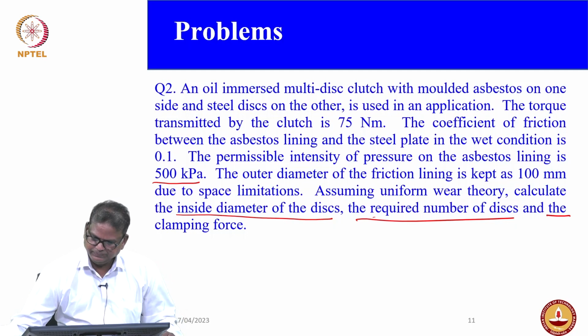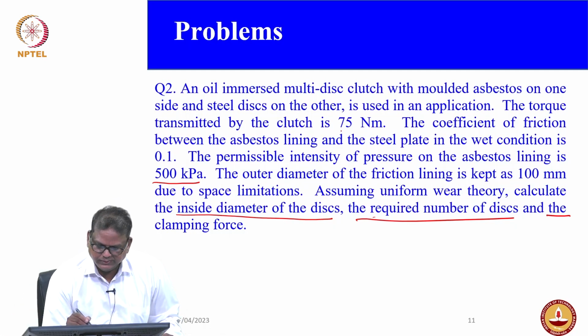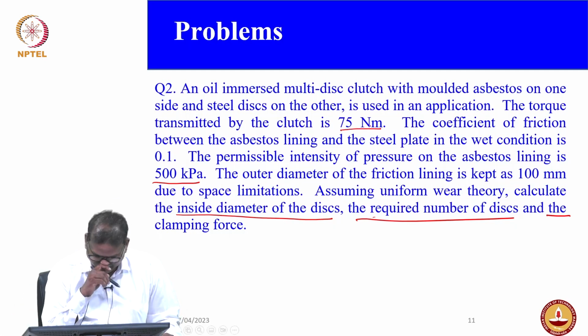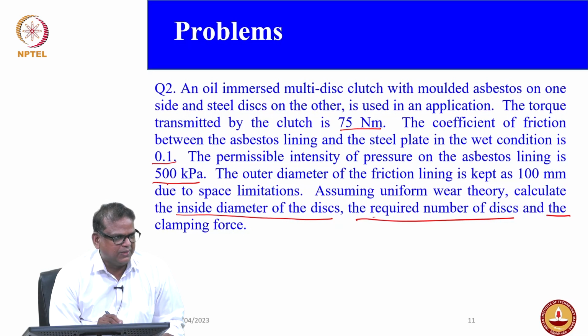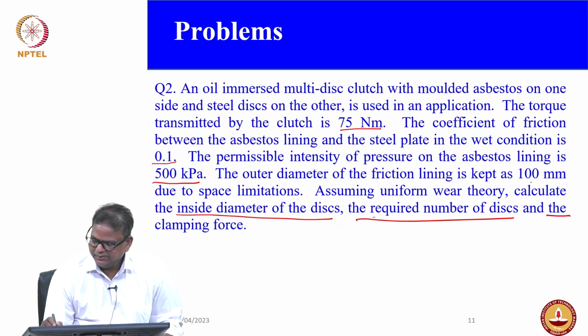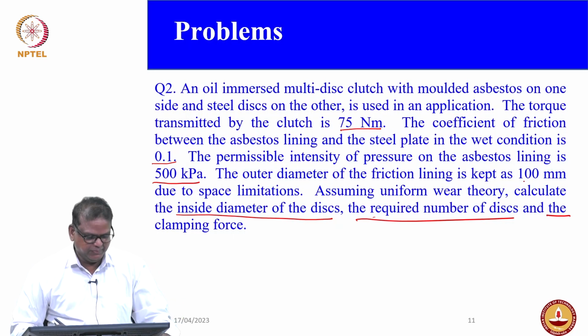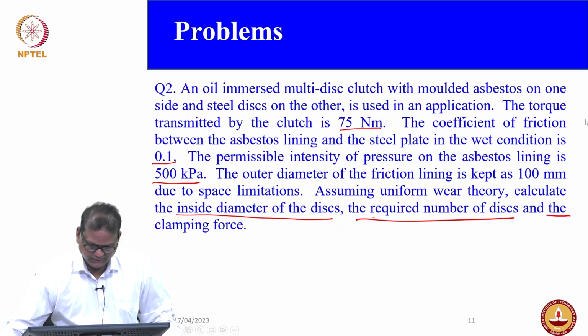If you look at this, this is your torque T, this is your mu, and this is the maximum allowable pressure, 500 kilopascal. Capital D is given as 100 millimeter.